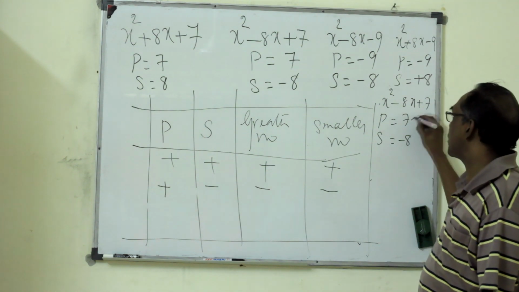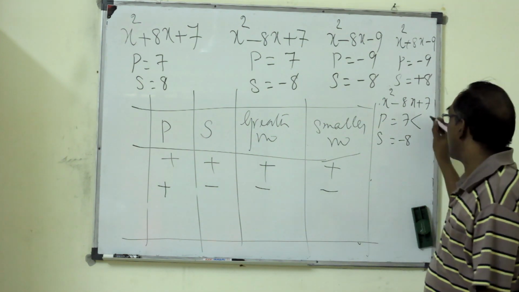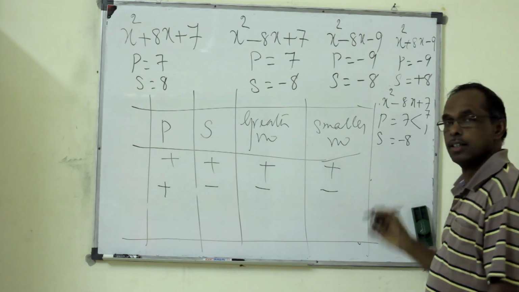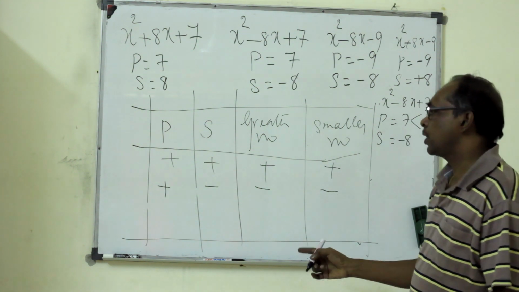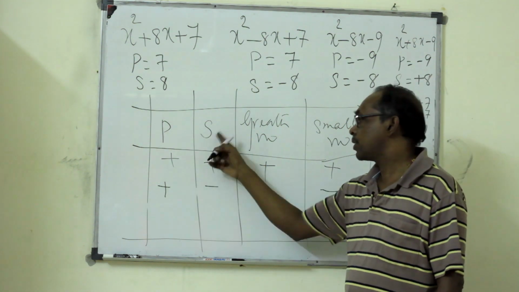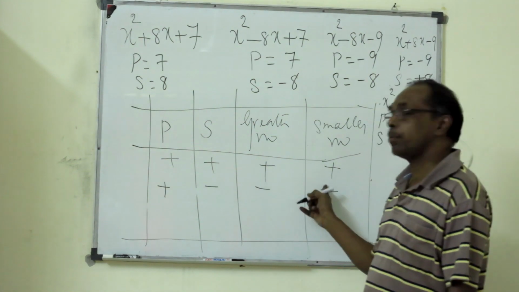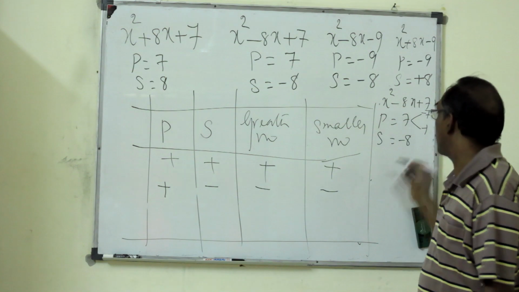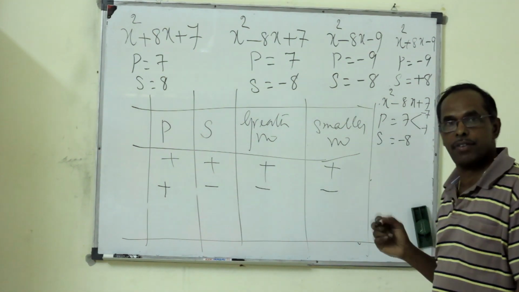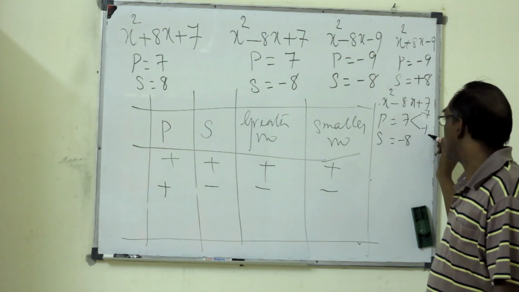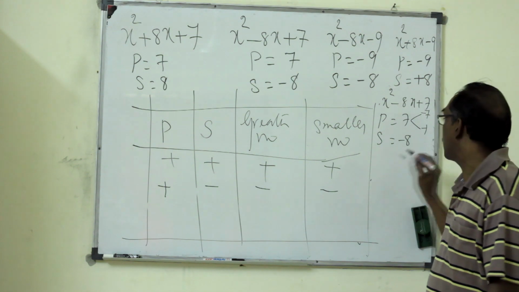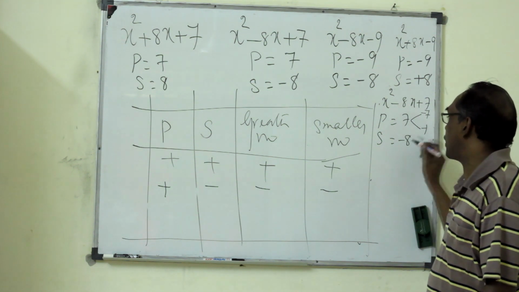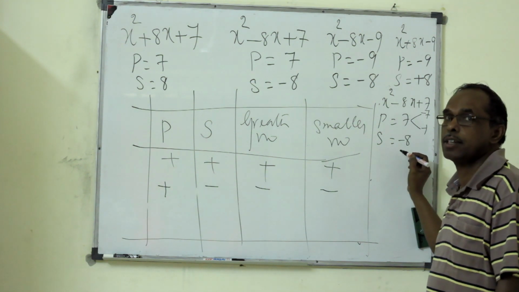You are going to split 7 into two numbers, so the possibility is 7 and 1. But since the product is positive and sum is negative, both numbers should be negative. We put minus 7 and minus 1. When you multiply these two, are you getting plus 7? Yes. Minus 7 into minus 1 is equal to plus 7. Minus 1 minus 7 is equal to minus 8. So we are getting the sum as well.